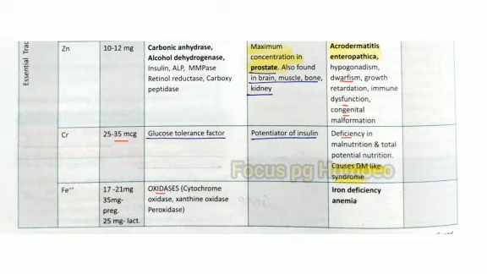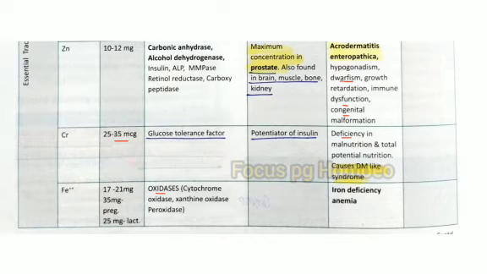Next trace element is zinc. Its daily requirement is 10 to 12 milligrams. It's a part of carbonic anhydrase, alcohol dehydrogenase, insulin, ALP, MMPase, retinol reductase, and carboxypeptidase. Its maximum concentration is found in the prostate and also found in brain, muscle, bone, kidneys.